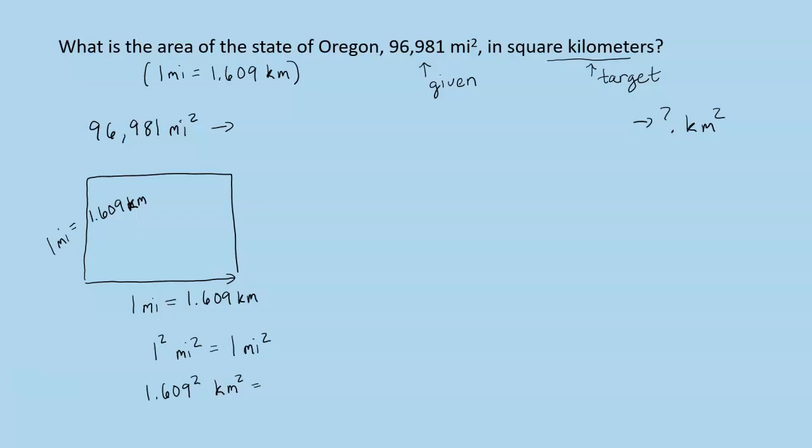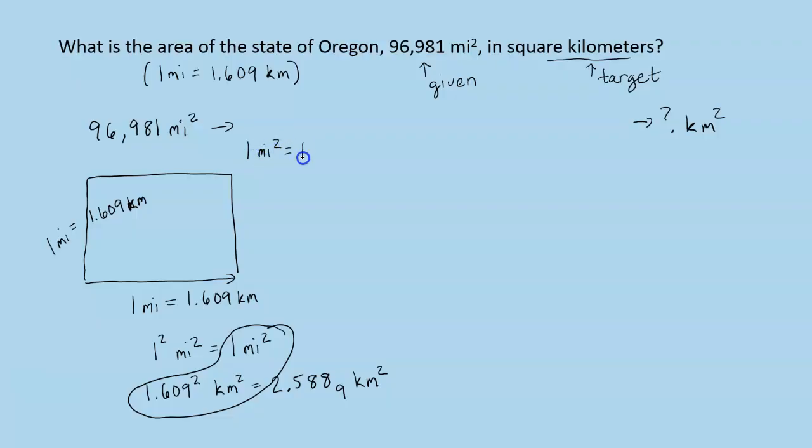So we can keep it simple by leaving it as 1.609 squared in our calculation, or you're welcome to solve this, where you would get 2.588 and 9. Okay, we do want to keep at least one extra digit beyond the 4 so that we don't have round off errors. So you're welcome to use that number, but I'm going to stick with the 1.609 squared and do it all at once.